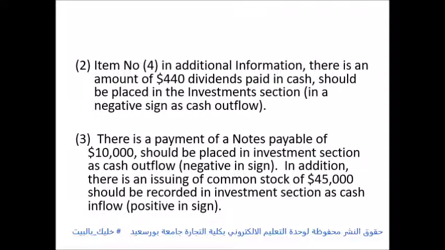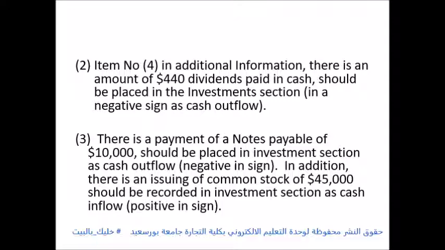Item number 4 of additional information: there is an amount of 450 dividends paid in cash. Which section should it be placed in? Should it be positive or negative? Make the journal entry. Dividends payable debit, credit cash.